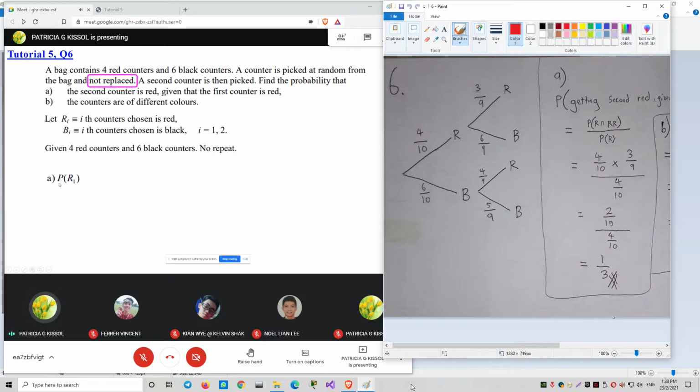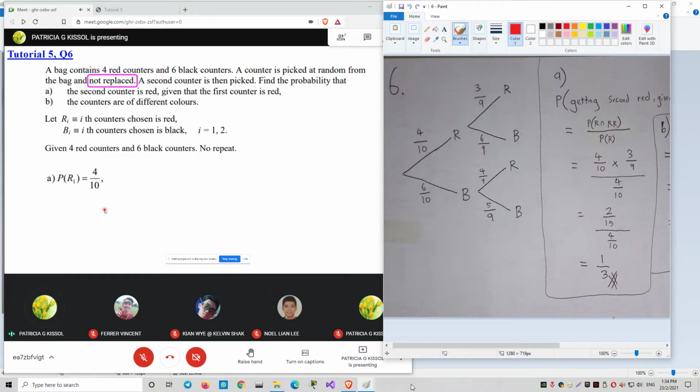So first we need to consider the probability that the counter chosen is red. That means R1, the first one. If you look at the question, there are 4 red counters out of 10. Yeah, so 4 out of 10, because 4 plus 6 is 10.